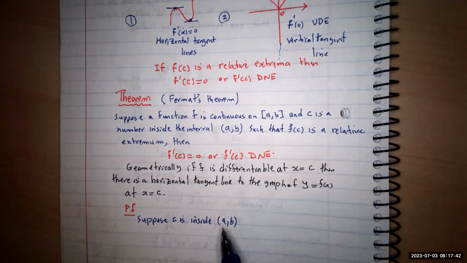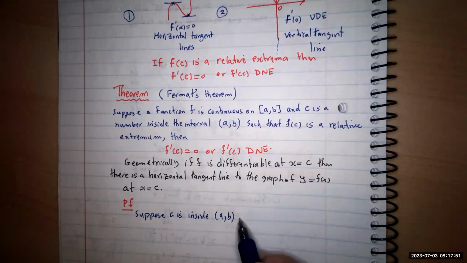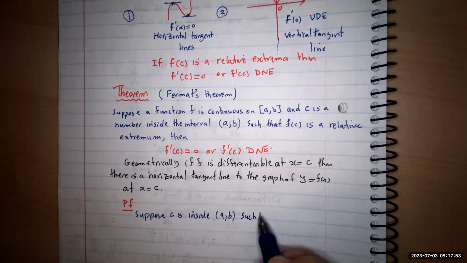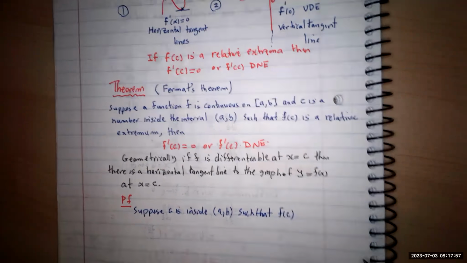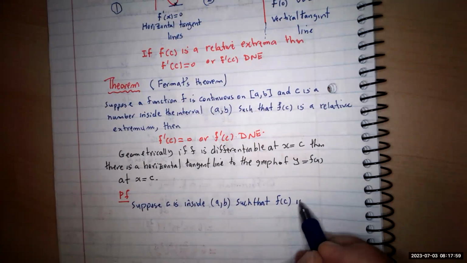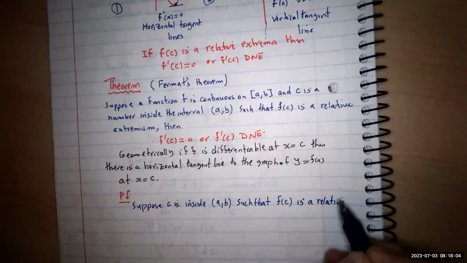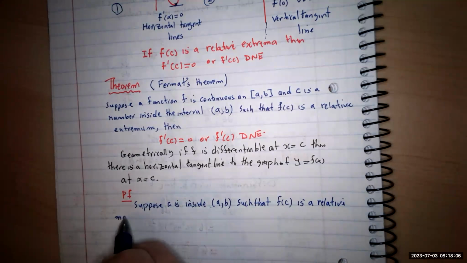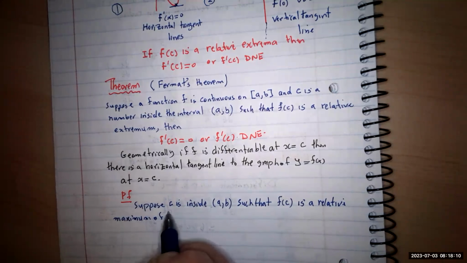Remember, you can't do it for the endpoints of the interval. It must be inside. Suppose c is inside (a, b) such that f of c, maximum or minimum, I can do both, I do the maximum, is a relative maximum of f.